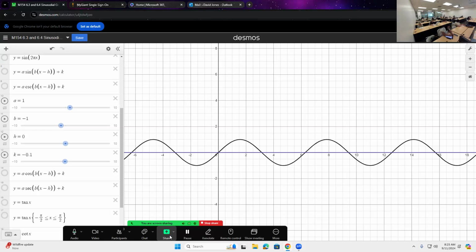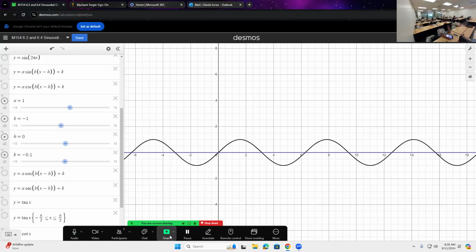And 6.4 does all the shifting and translations is what they're called. So, first thing is periodic functions.